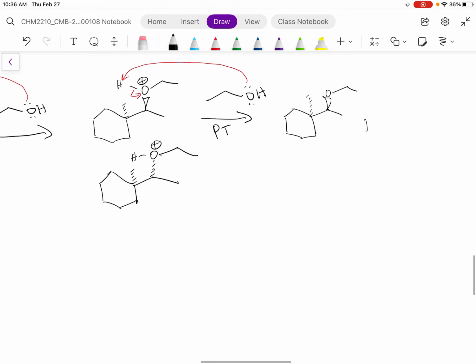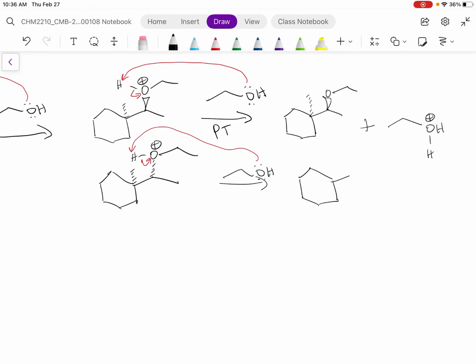And then you would have your ethanol with that extra proton there. You would do the same thing for this molecule here. That would come in, grab that, do a proton transfer.